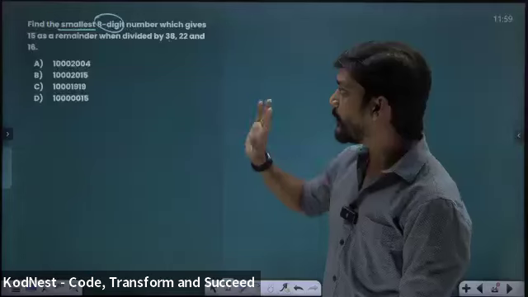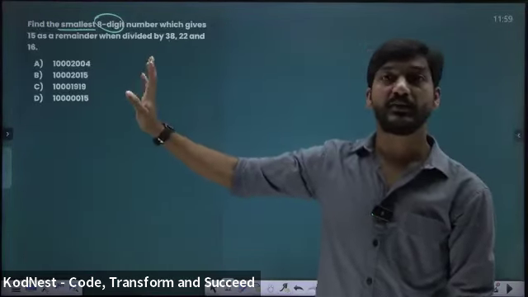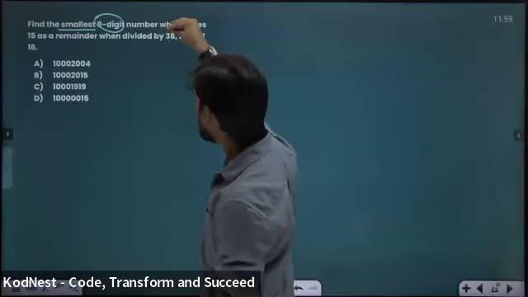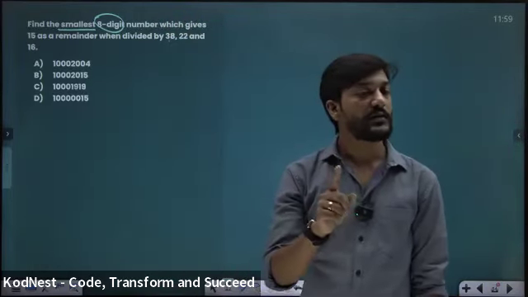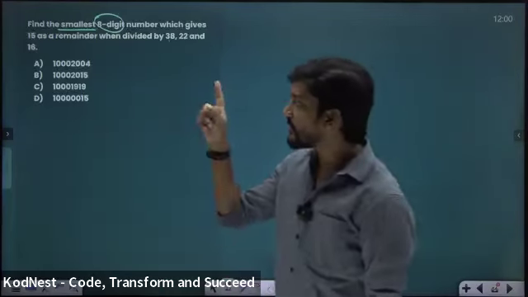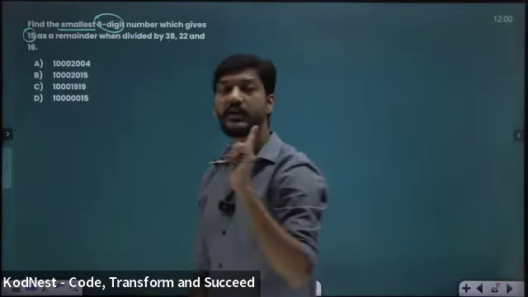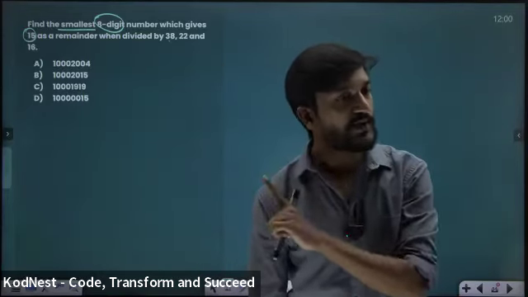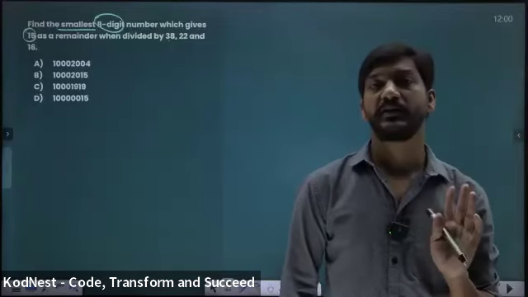If a remainder is given, that is not the meaning. The meaning is not simply divisible by 38, divisible by 22. So why are you saying no? Because the remainder is given as 15. Because of this you are saying no, yes or not? Because the remainder is there, that's why.